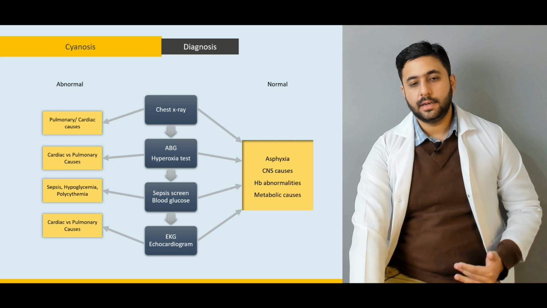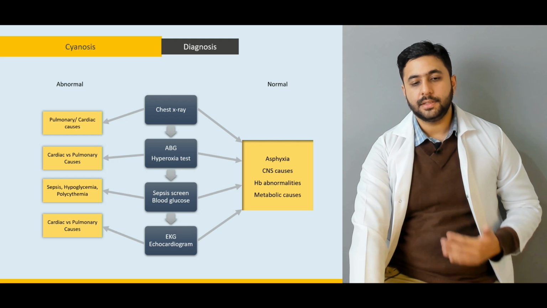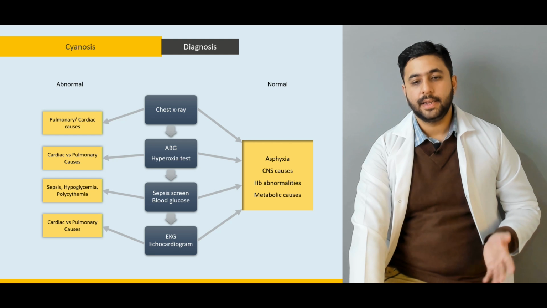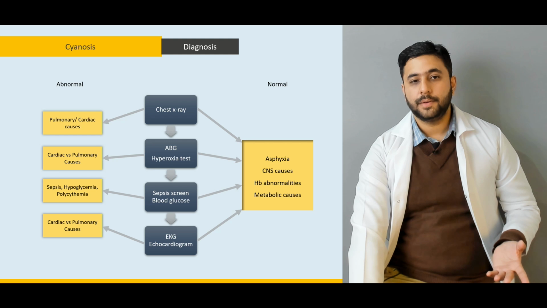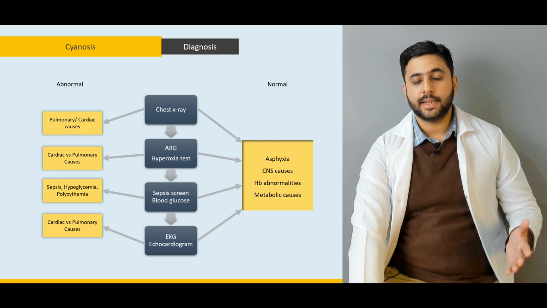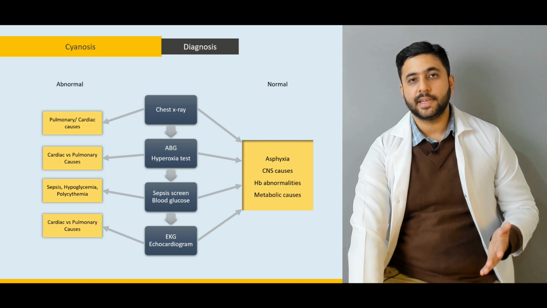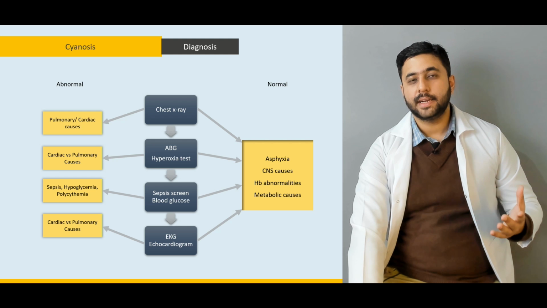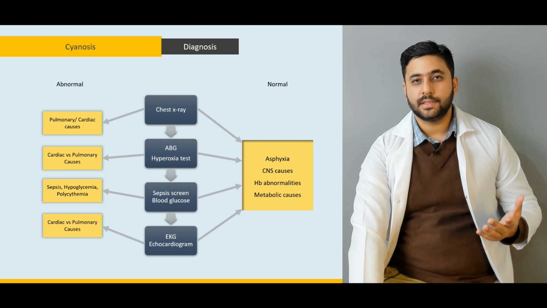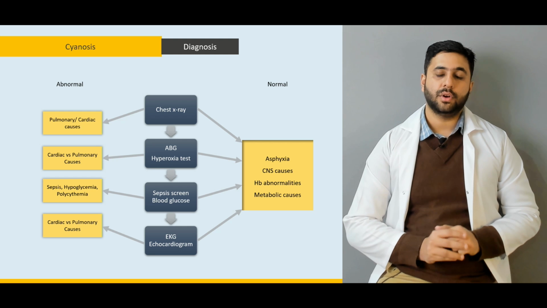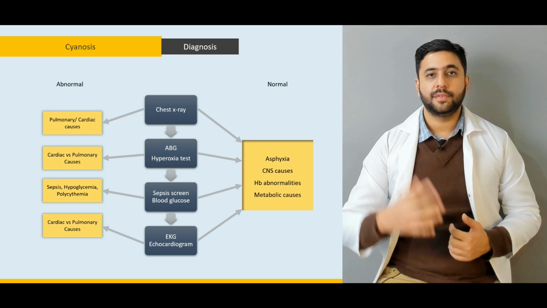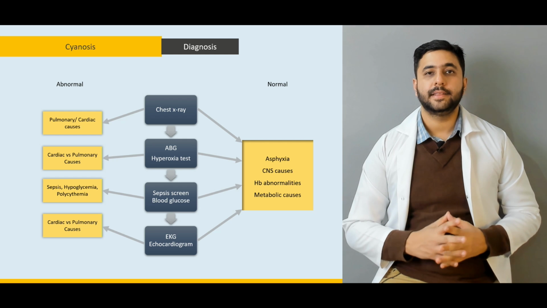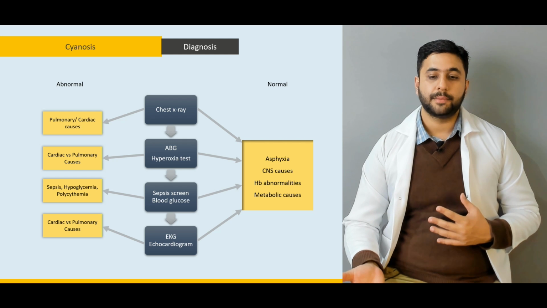If all of these tests are normal, the X-ray, ABG, sepsis screen, and the EKG, then generally we have to look at the other causes. What are the causes of cyanosis in cases where these investigations are normal? Then we have to think at the level of the brain. Either there are certain CNS causes that are causing hypoventilation. Narcotics abuse can cause any level of problem in the CNS or any muscular problem.